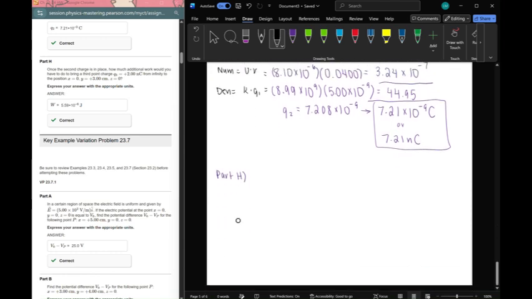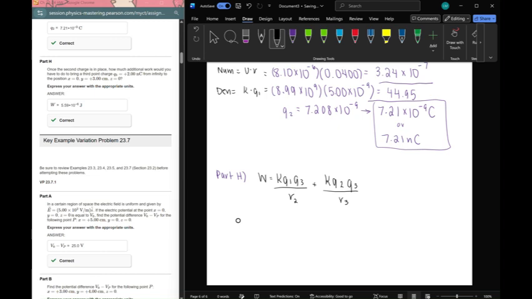So we're gonna write down the equation we would be working with, which would be work equals K Q1 Q3 divided by R2 distance, plus K Q2 Q3 over the third distance R3. So that's what work is going to equal.